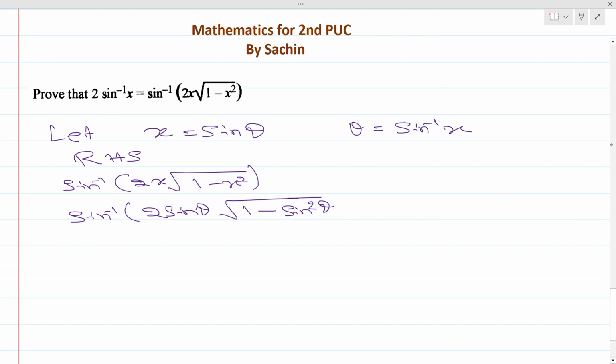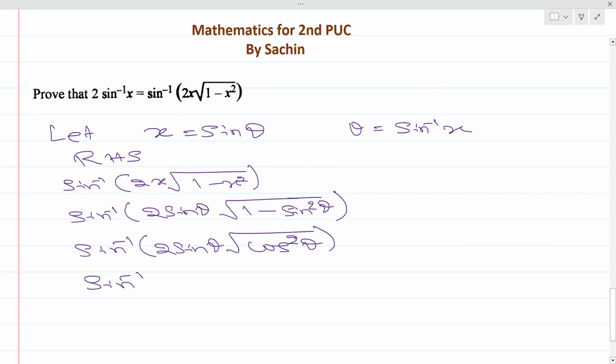As we all know, 1 minus sine square theta is cos square theta. So sine inverse of 2 sine theta under the root cos square theta, and that will be sine inverse of 2 sine theta multiplied with cos theta after coming out from the root.